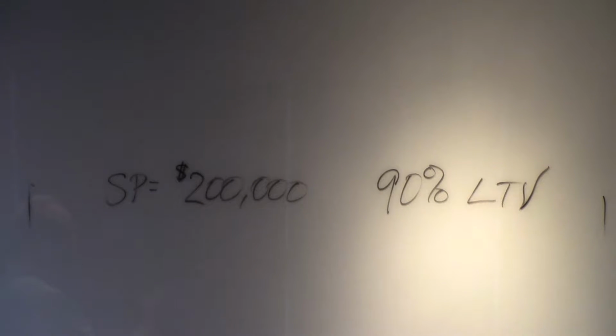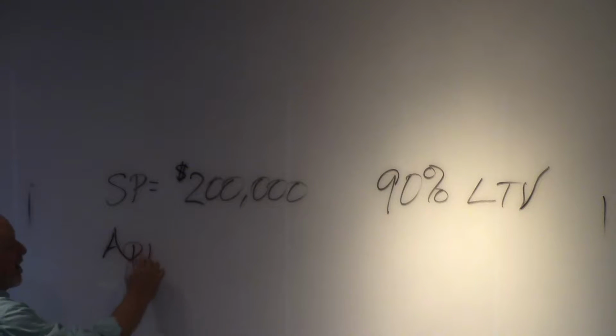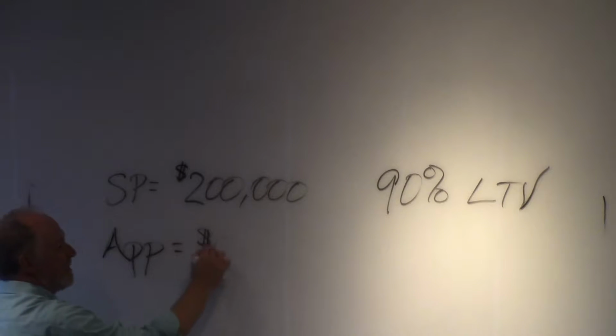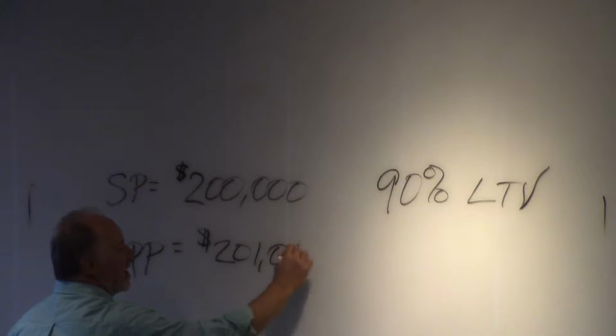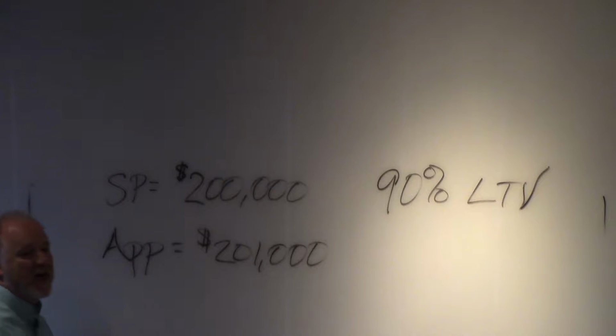The property appraised for $201,000. The appraisal just came back, and the appraiser said that the property appraised for $201,000. So here come my two questions to you.